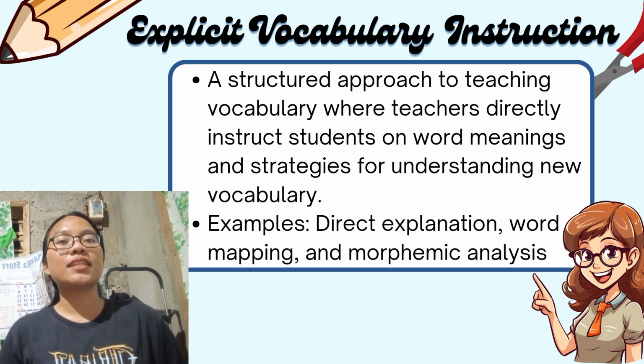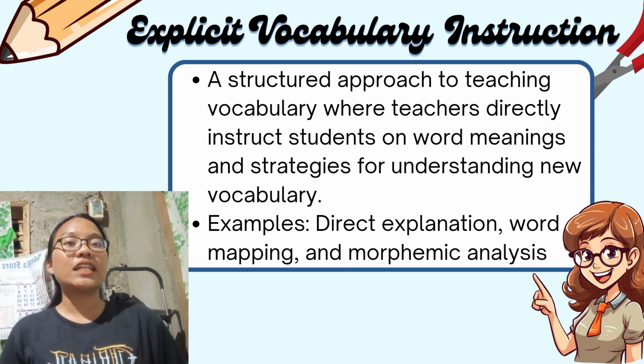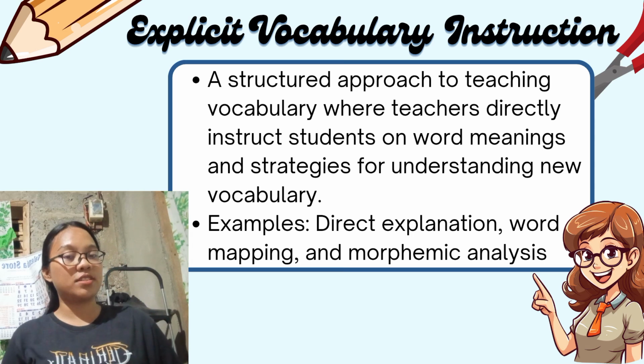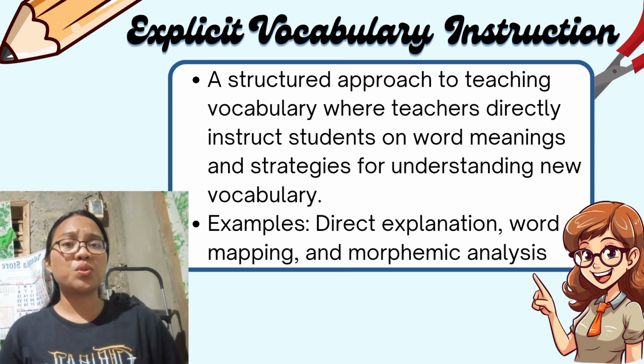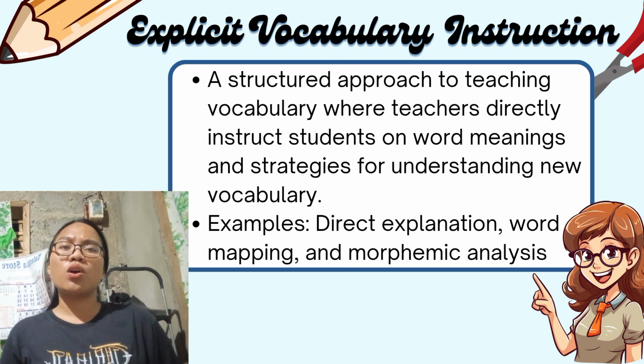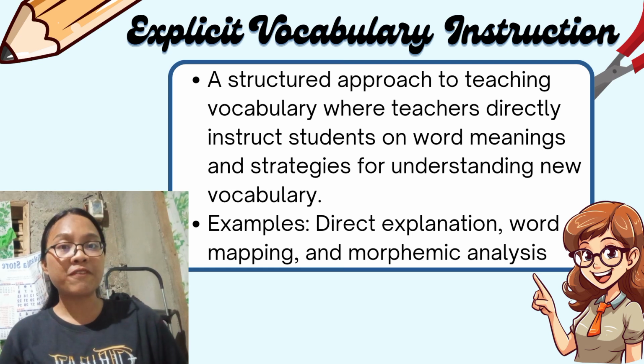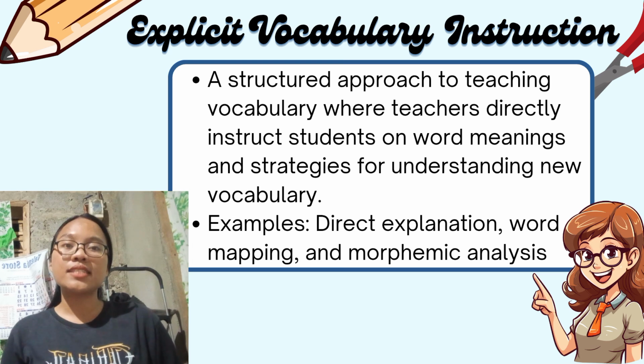We guide them using techniques like direct explanation, or providing clear definitions and examples. We can also use word mapping, or showing relationships between words. And we can also use morphemic analysis, or the breaking of words into prefixes, roots, and suffixes.